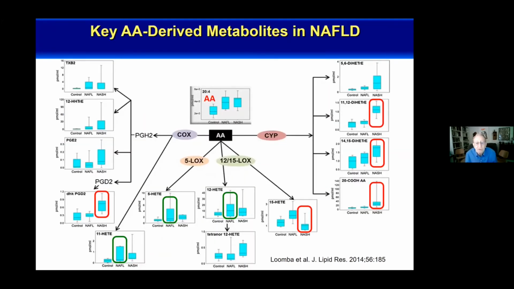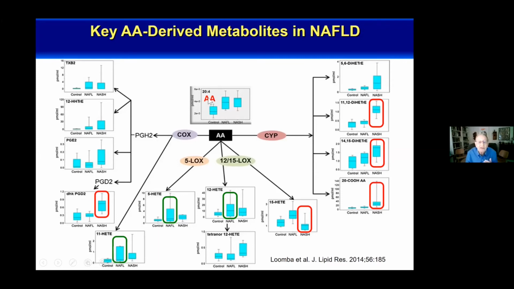Now, I only introduce this because I want to illustrate an example of the power of lipidomics related to fatty acids and icosanoids. Shown here is just a small pilot study on plasma lipidomics from 10 individuals with fatty liver disease symbolized by NAFL, and 10 with the advanced form called NASH.